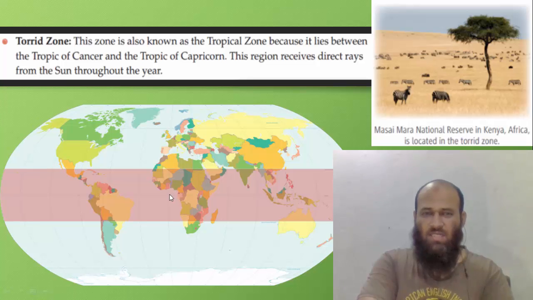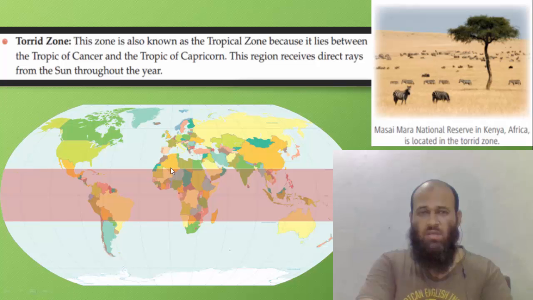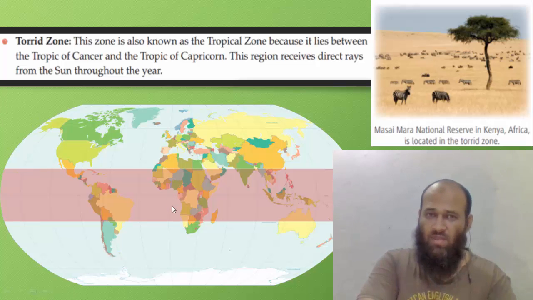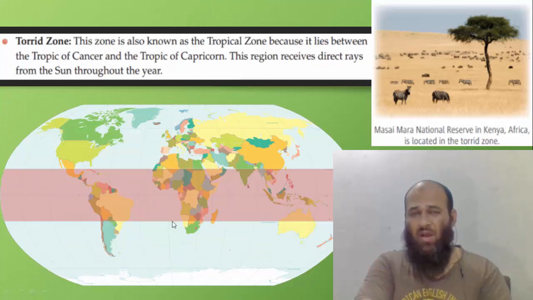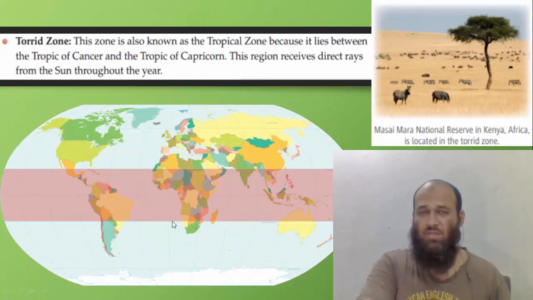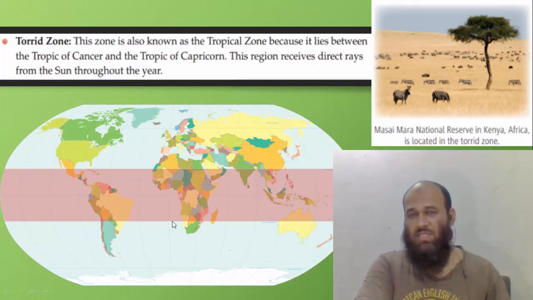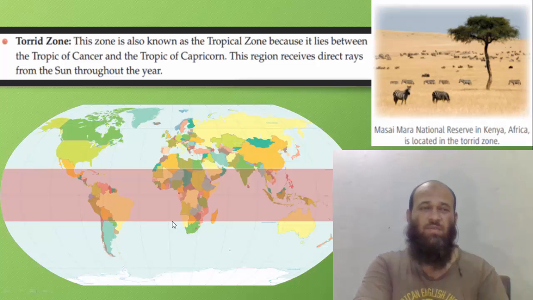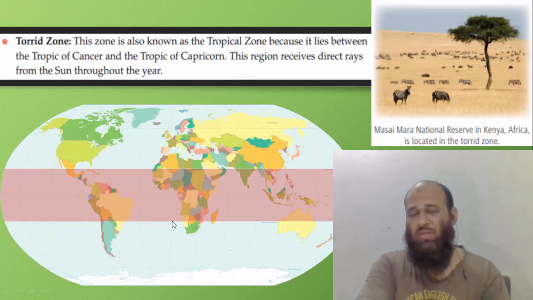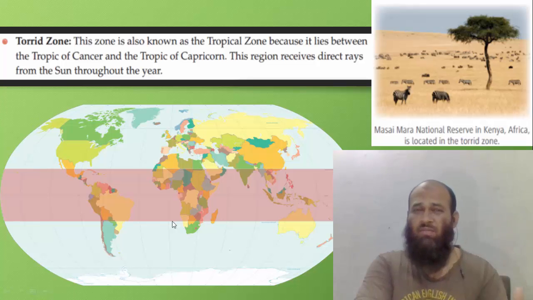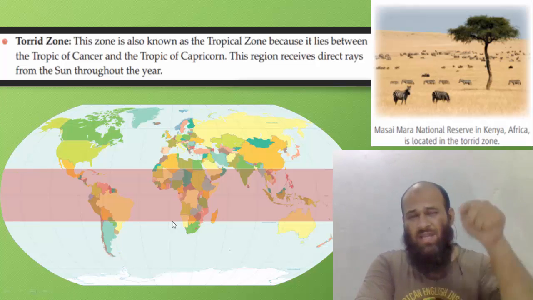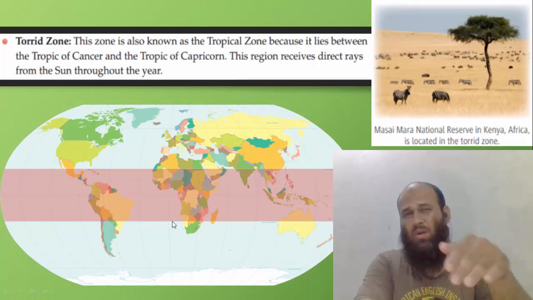From 0 degrees, the equator, to 23.5 degrees north and to 23.5 degrees south, this whole belt is the torrid zone. This region receives direct rays from the sun throughout the year. No matter what season you go into, which month you go into, the rays are going to be direct all the time.